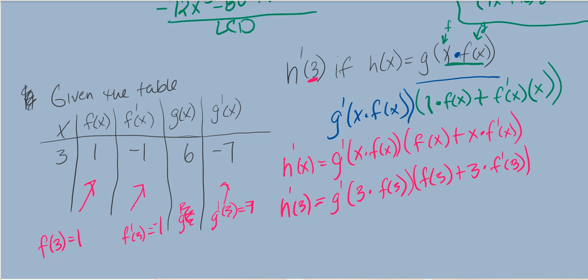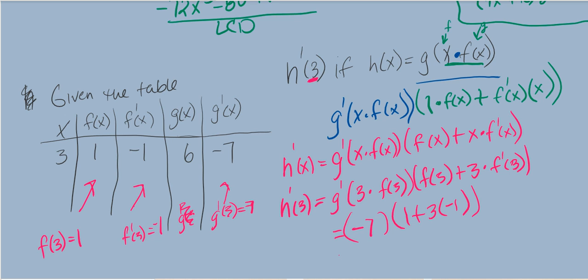G prime of 3 would just equal -7, right? Times, what's in my parentheses here? F of 3 would just be 1, plus 3 times f prime of 3, which is -1. So that'd be times -1.